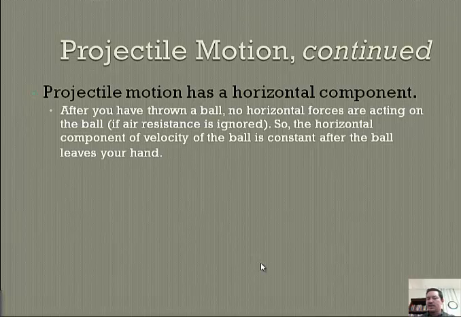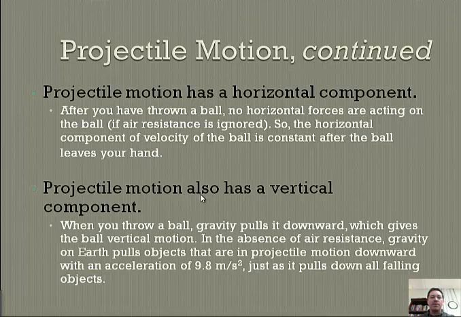So we've got this object, this ball that we threw, and it's got this horizontal component. So it's going to be constantly going this direction because of this horizontal component.